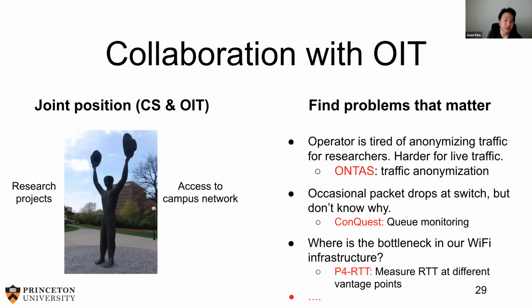As a CS staff, the person can have access to research projects and come up with new ideas, but also as an IT staff, he or she can have access to the campus network and convince the IT department to do some creative stuff for them. Also, of course, they have to make sure it's not that crazy. This kind of worked well for us. That person is me at Princeton. And if there's something similar at other institutes, I think it will work well.